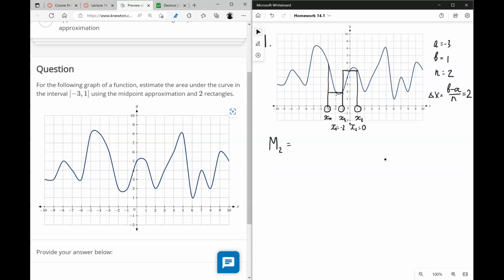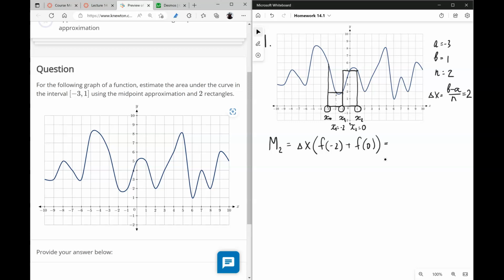So to finish this problem, all we have to do is compute the area of each rectangle, which is equal to the base times the height. Since they have a common base, delta x, it can be factored out, and the height of each rectangle can be expressed as the output of the function at the midpoint.